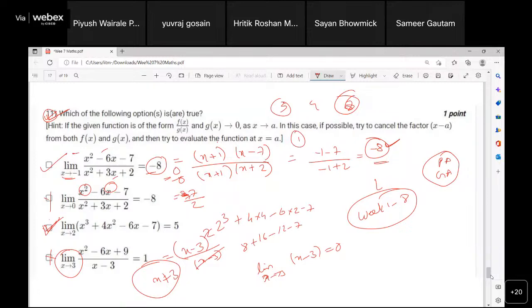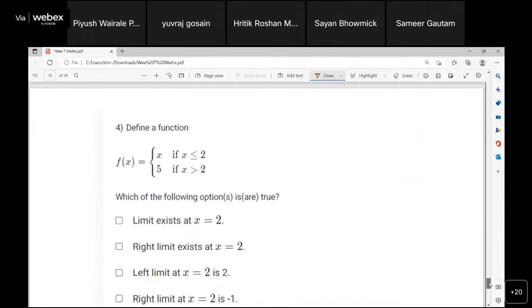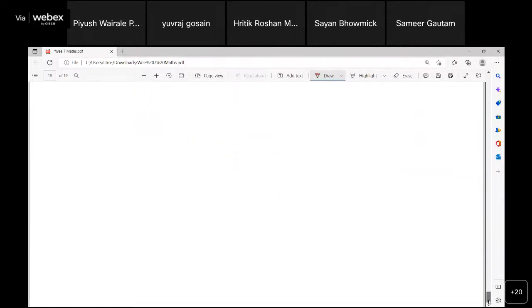In the quiz, there will be around 15 to 20 questions, like in the qualifier. I don't know the exact number of questions, but at most 15. So just go through the content and solve the practice and graded assignments. That will be enough.